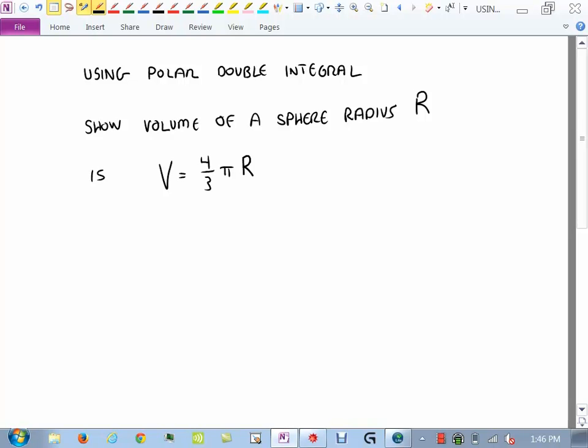Okay, so we have a circle. That's the floor. If you have this sphere with radius capital R, then the circle where it crosses the xy plane would be x squared plus y squared equals capital R squared. So that's our floor. What's the cap?